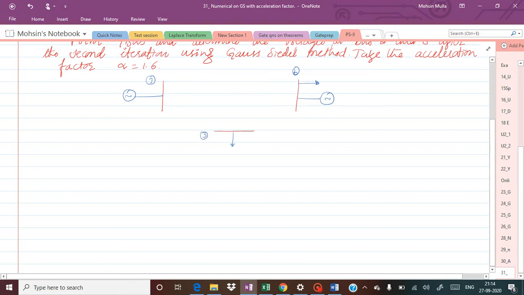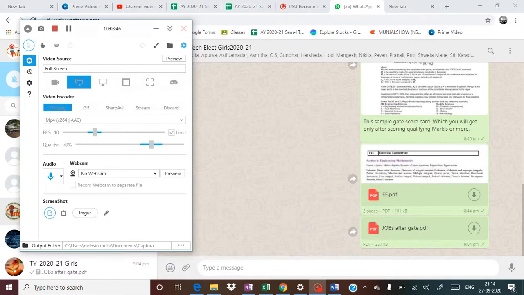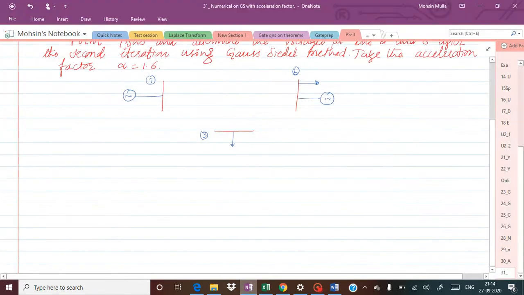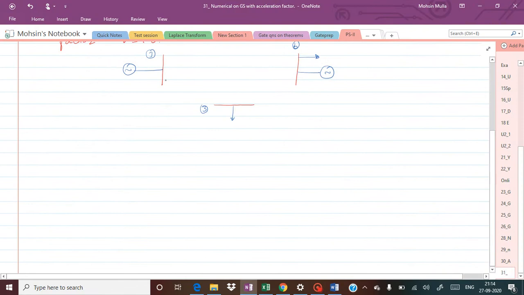The line admittances are given here. They have mentioned that these values are per unit values on the base of 100 MVA, like minus J5.